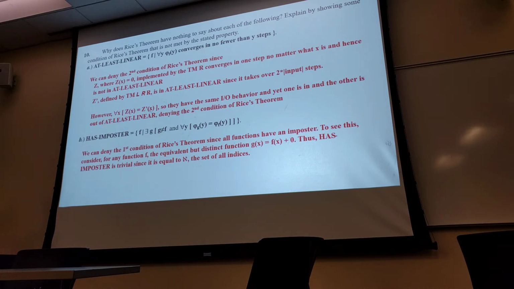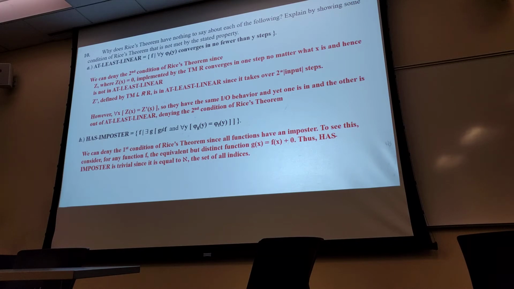The other one is if it's not an input-output behavior, and the one that says that it converges in no fewer steps than the input it's given, or something related to the length of the input. So it's at least linear.